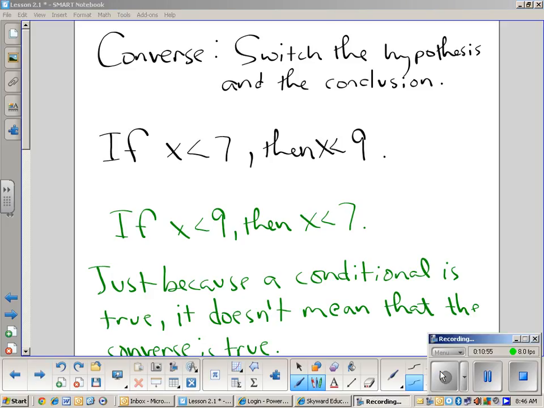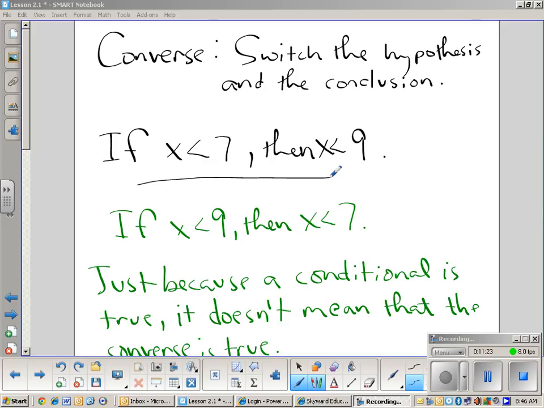If x is less than 7, then x is less than 9. Is that a true statement? Pick a number less than 7. 2. Is it less than 9? Pick another number less than 7. 6. Is it less than 9? Yeah. Is it ever possible to pick a number that's less than 7 and have it not be less than 9? No, it's not possible. So that's a true statement.